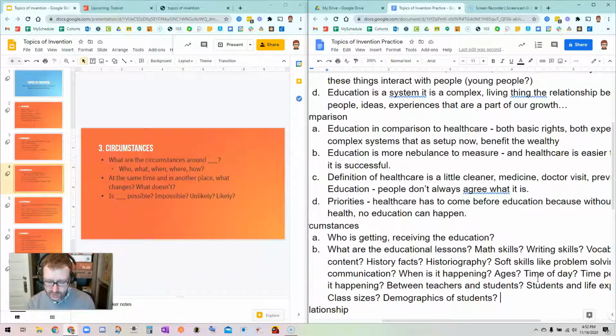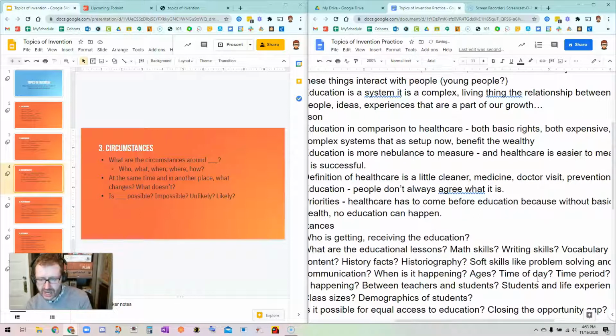And this also has to do with possibilities, right? So when we talk about increasing test scores, is that even a reasonable possibility or reasonable goal? We're talking about circumstances around education. Is it possible for equal access to education? What are the chances of closing the opportunity gap? What's possible?